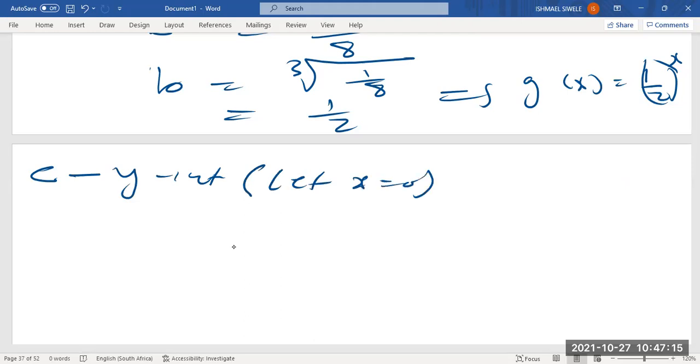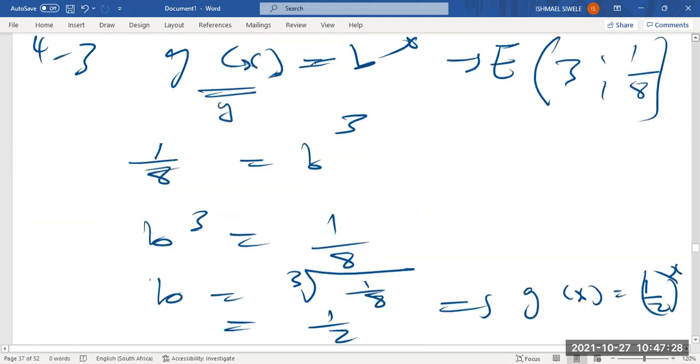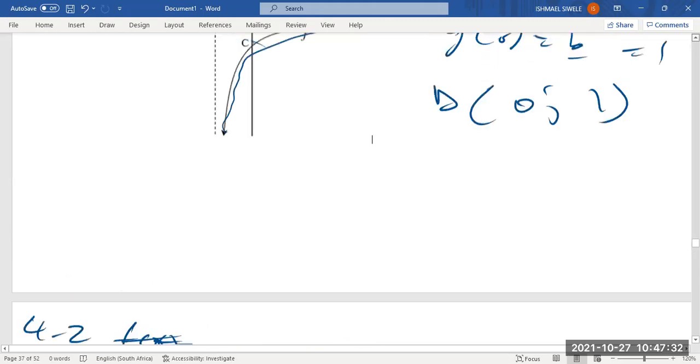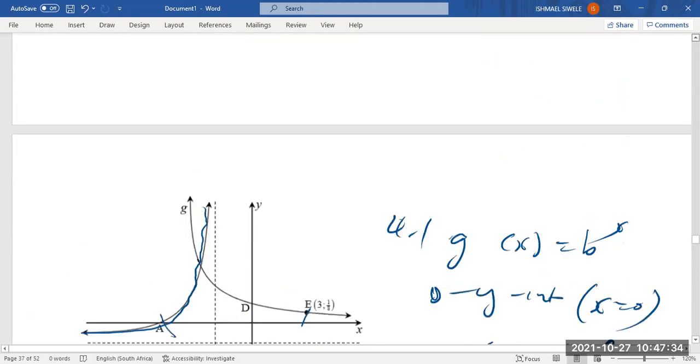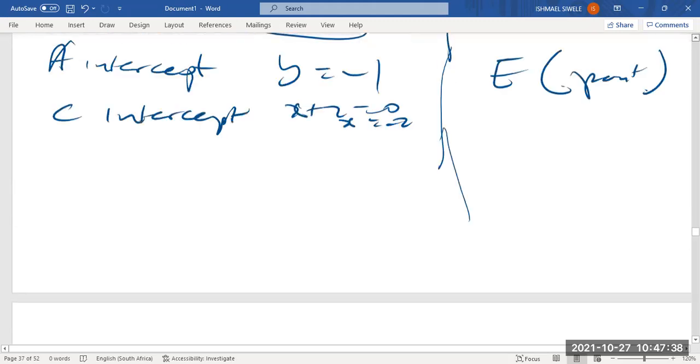On f of x. So what is f of x? Let's see. I left the page blank.